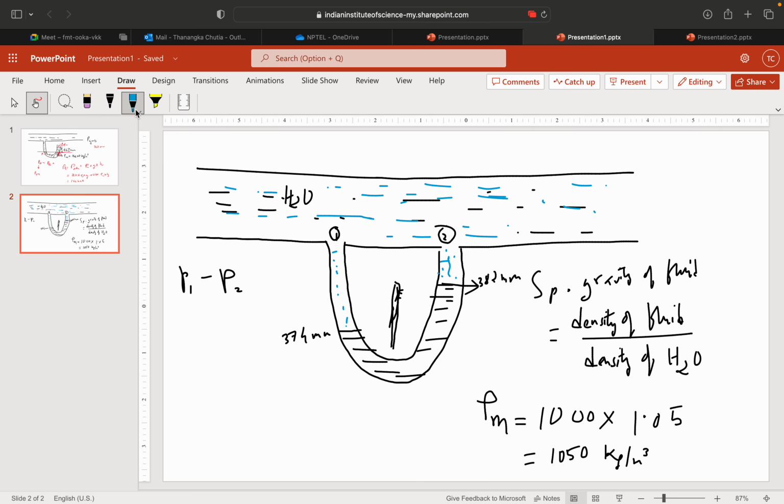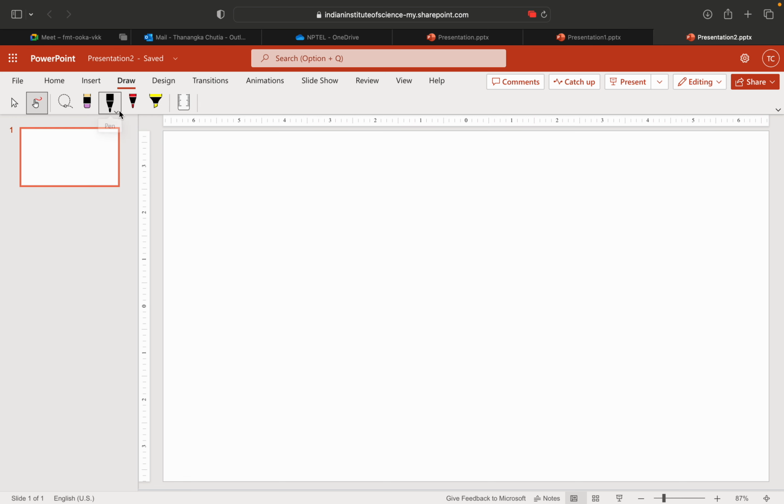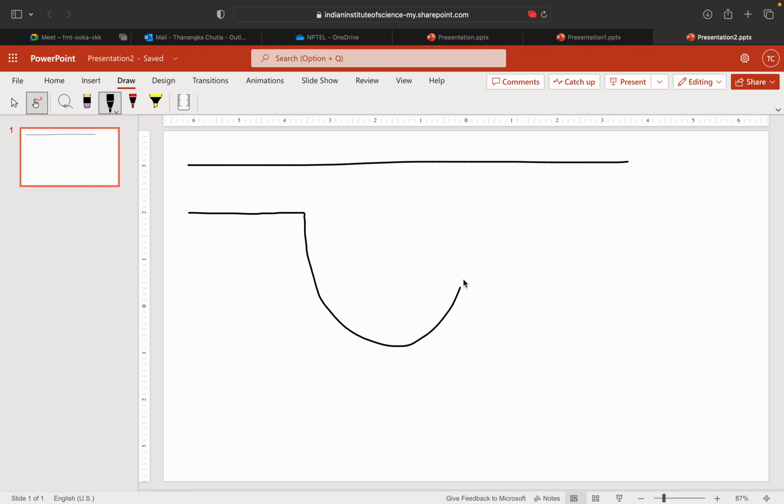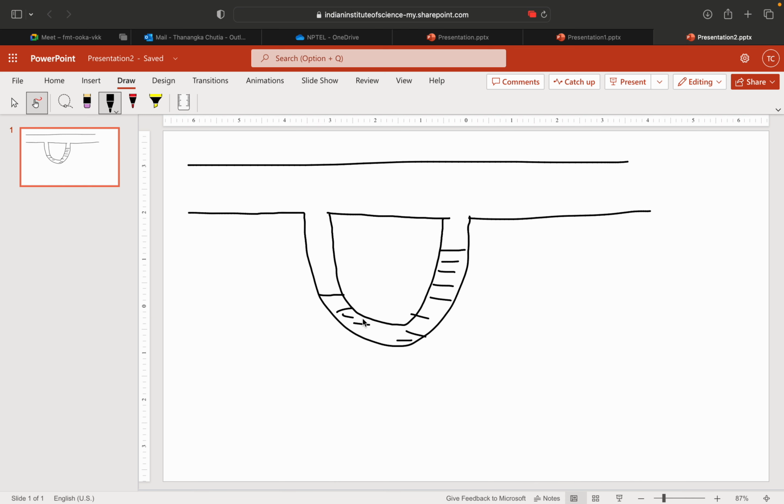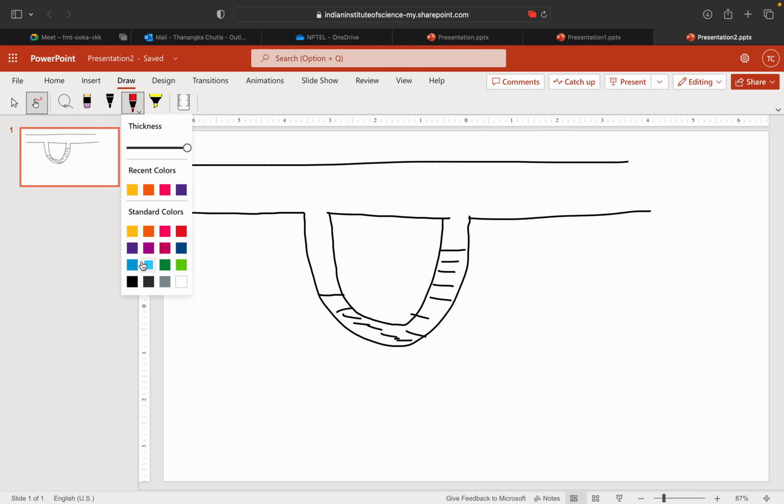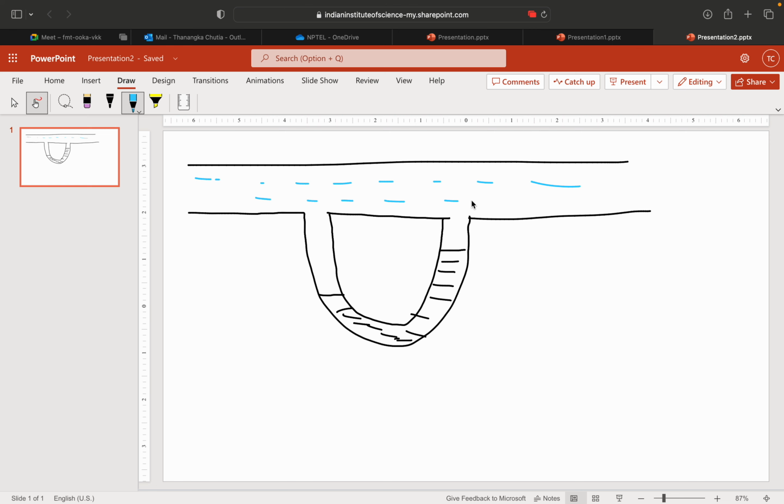I have to draw this again. Rho m is my 1050 kg per meter cube, and this is my point 1, this is my point 2.